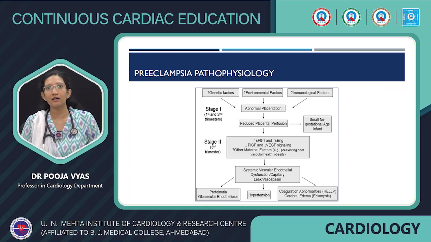There will be capillary vasospasm and capillary leakage. Ultimately, due to the systemic vascular endothelial dysfunction, capillary vasospasm, and capillary leakage, there will be proteinuria and glomerular endotheliosis. There will be hypertension, and also coagulation abnormalities and cerebral edema.